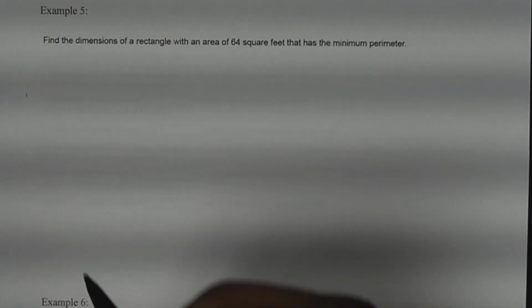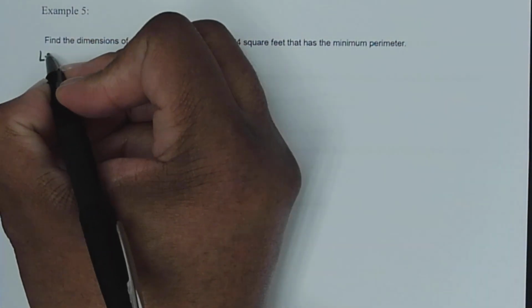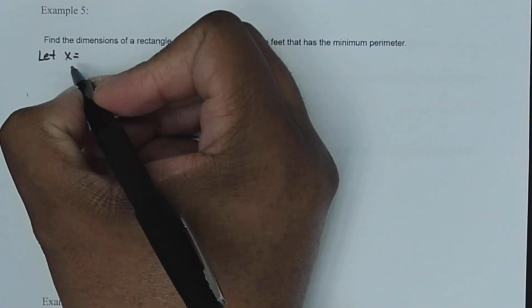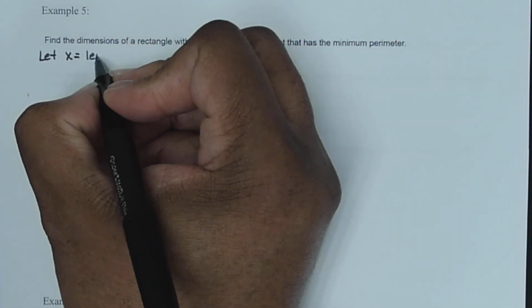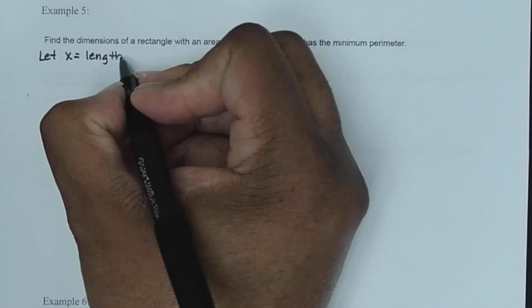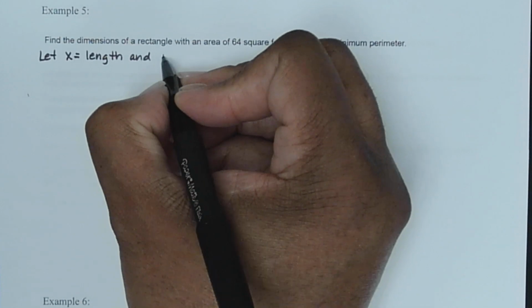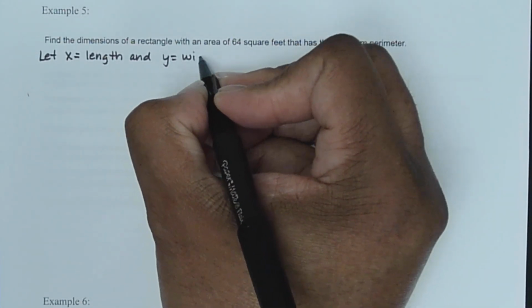All right, so let's look at what we have here. We're going to let x equal the length, and I'm going to let y equal the width.